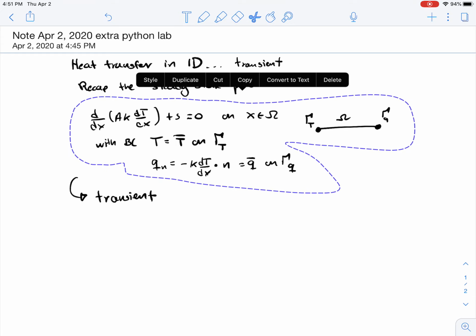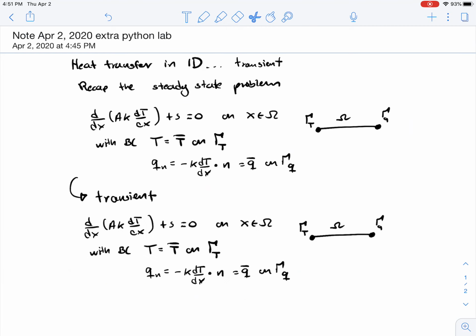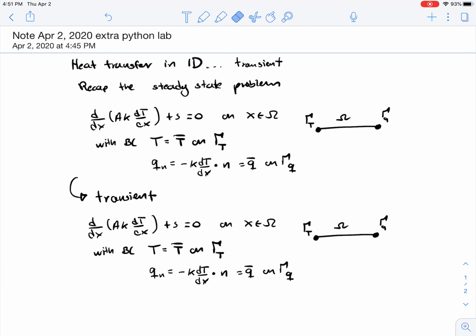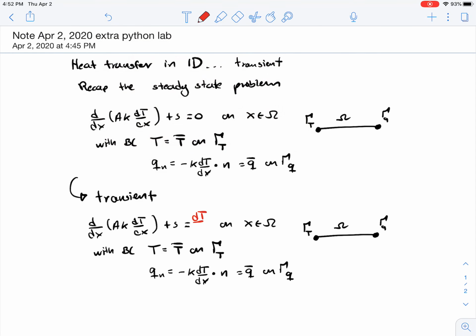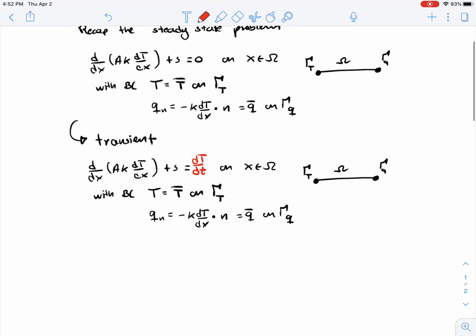Everything is gonna look more or less the same, but I am going to say here, this is the rate of change of temperature with respect to time. That's the only difference, but that's going to have some relatively big consequences. We'll see in just a sec. So this is the strong form.